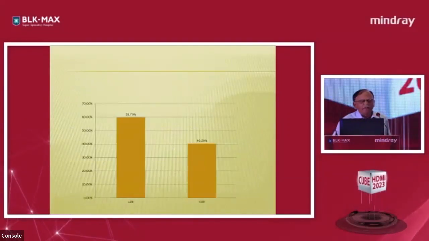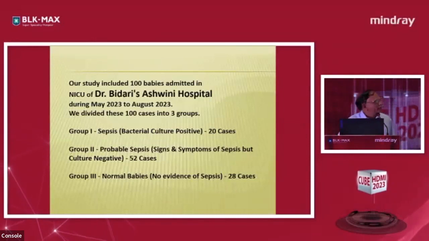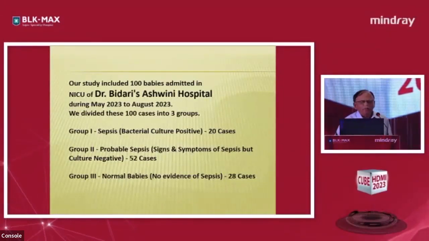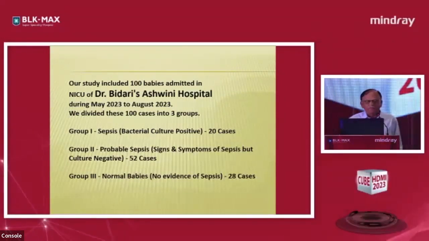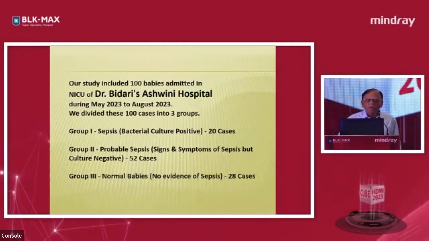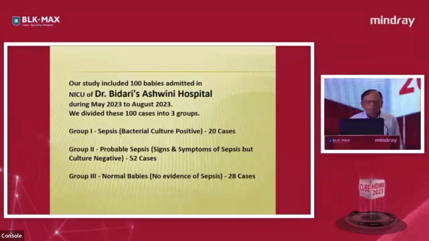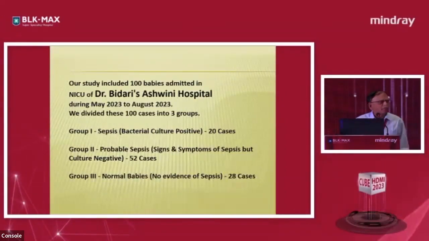Our study included 100 babies admitted in the NICU of Dr. Bidri's Ashwini Hospital during May 2023 to August 2023. We divided these 100 cases into 3 groups. The first group: sepsis with bacterial culture positive.